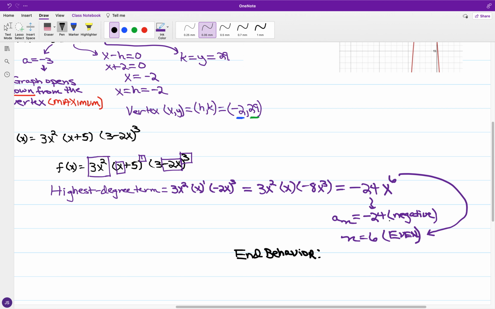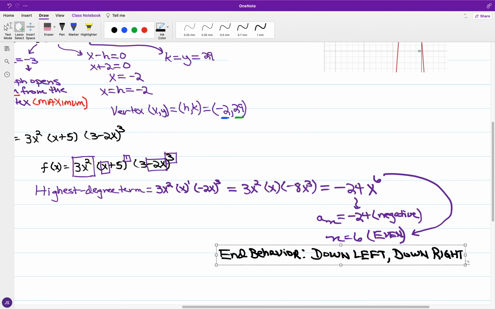And with the leading coefficient negative, you have a negative coefficient, even power, and so in this case we'll have motion down to the left and down to the right, or falls to the left, falls to the right. So this is what we have in the first part.